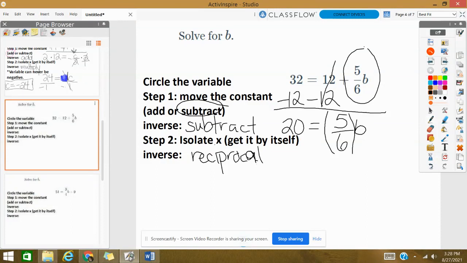But remember, the reciprocal means I'm going to flip my fraction. So my inverse will be to take the reciprocal, and if I flip it, it's going to be 6 over 5. So I'm going to multiply both sides by 6 over 5. Or you can just put it in parentheses to represent multiplication.